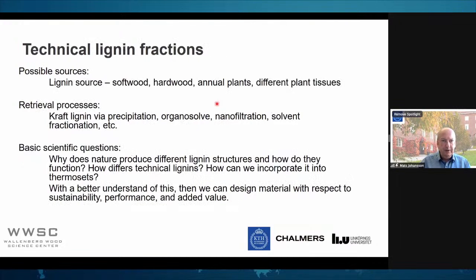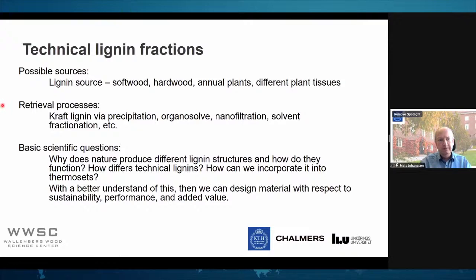Okay, so starting with technical lignin fractions, there are a lot of possibilities. You have different sources, you've got softwood, hardwood, etc. Most of you know this. They have different composition, and that will of course affect how you can use it. For technical lignins, you also have a retrieval process.